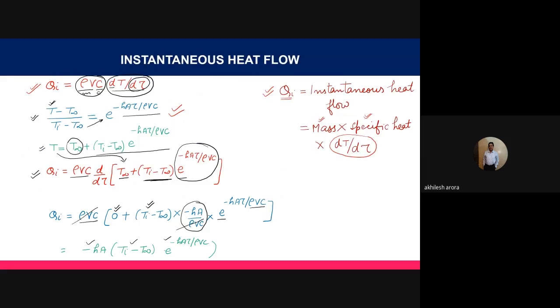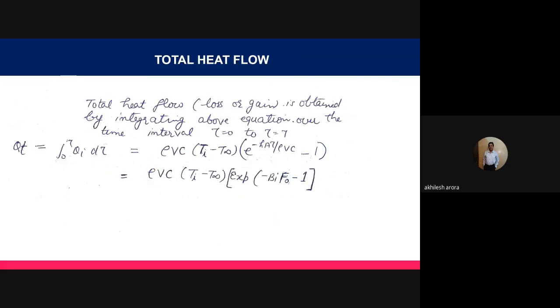Till now, we have found the instantaneous value of the heat flow. Now we can calculate the total heat flow which would take place when the body started cooling at time equal to 0, till the final time which is equal to tau. So here we calculate the total heat transfer, loss or gain, depending upon the situation, whether the body is being cooled or heated.